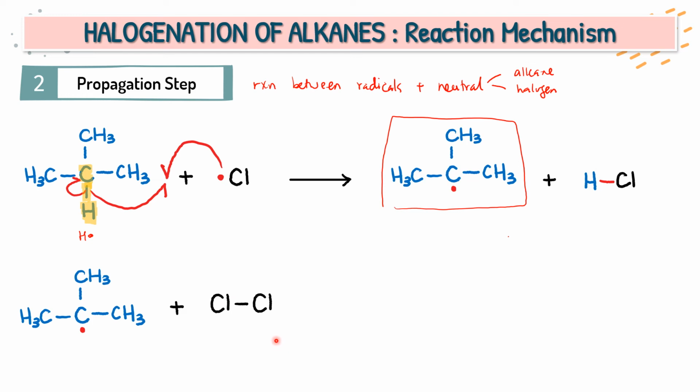Okay, maybe ada yang wonder, madam, step 1 tadi pada initiation step chlorine dah pecah jadi radical. Kenapa dekat sini masih lagi ada chlorine? Okay, so you need to understand pada step 1, pada initiation step, bukannya semua chlorine akan jadi chlorine radical.